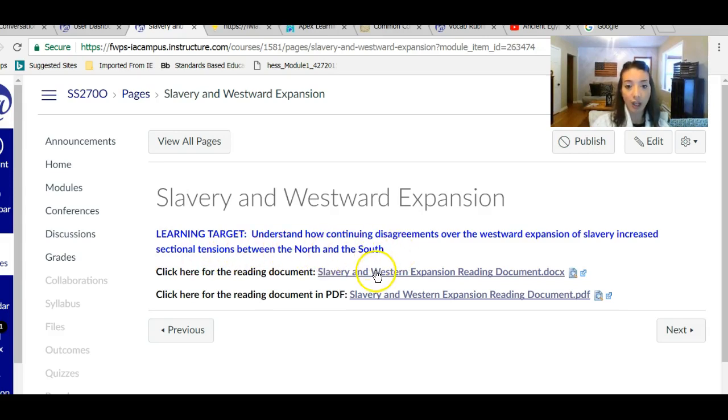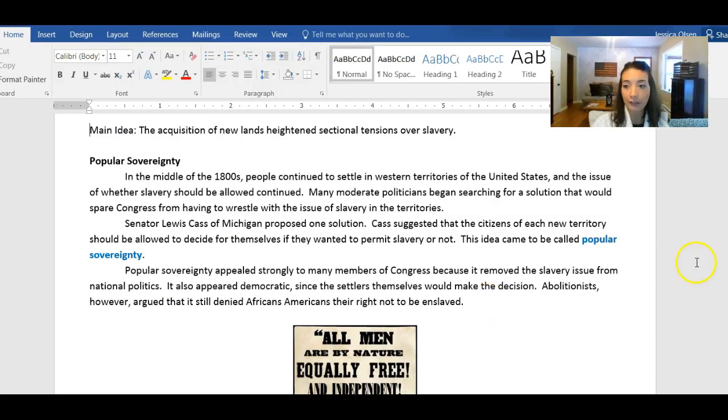So the first document is called Slavery and Westward Expansion, and I want to highlight a few things in here, okay? The first part of the document, you really need to understand the term popular sovereignty. So popular sovereignty refers to the idea that the further west that we went, that area became different territories.